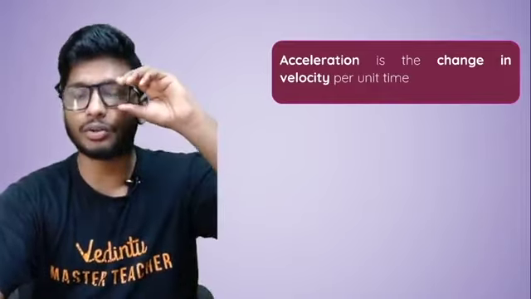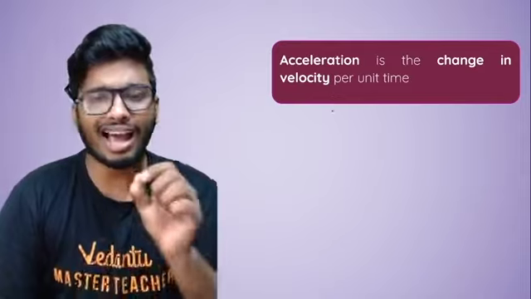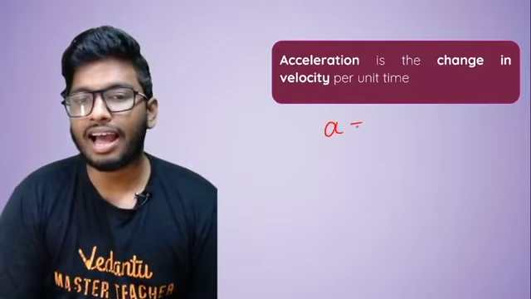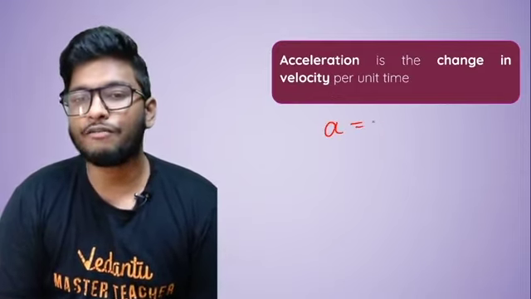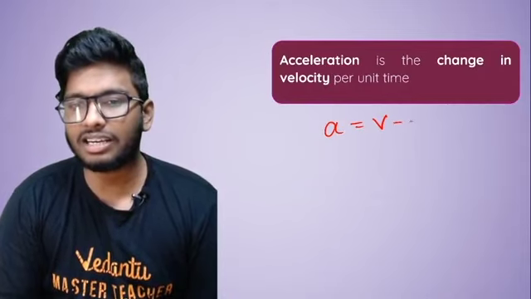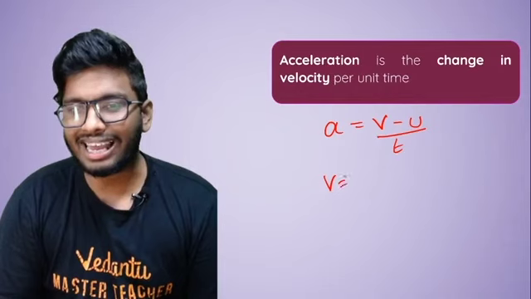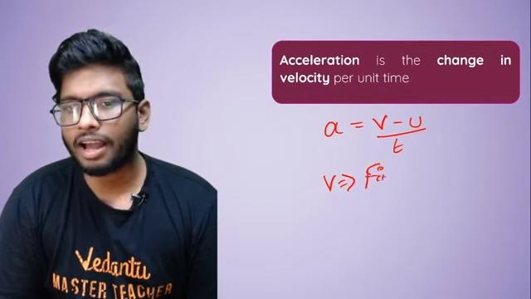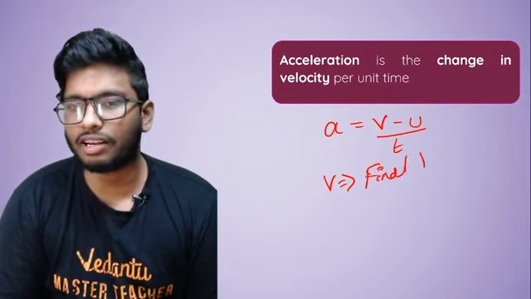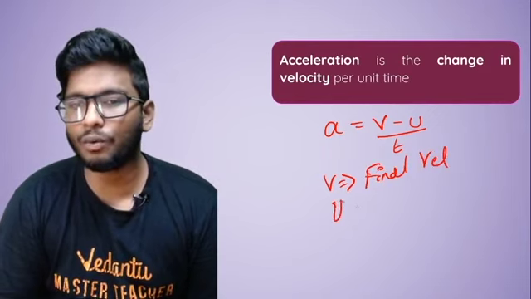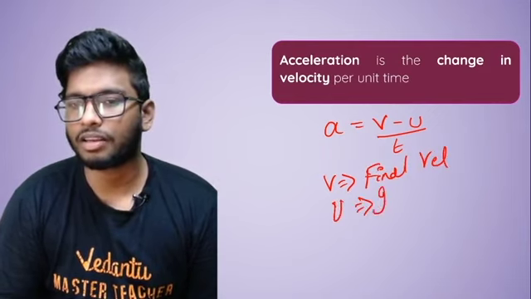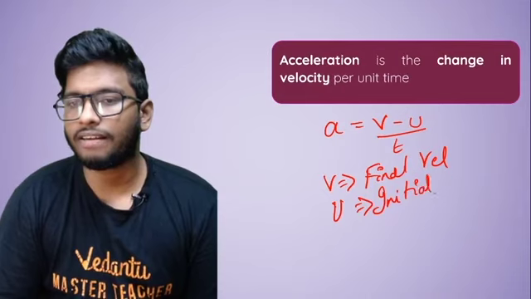The formula to calculate acceleration: acceleration is denoted as a, and a equals v minus u divided by t, where v is the final velocity, u is the initial velocity, and t is the time taken.